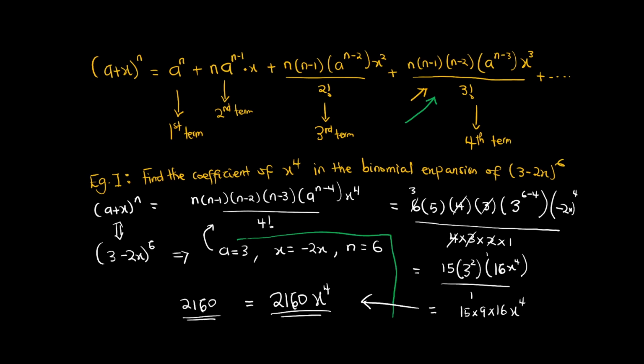Okay, now if you are new to this whole binomial expansion thing, this whole example will be a little bit confusing. So let's look at another example so that you can really appreciate what we are talking about as binomial theorem. So the second question is we are to find the coefficient.